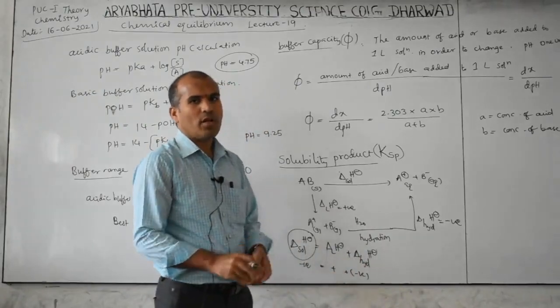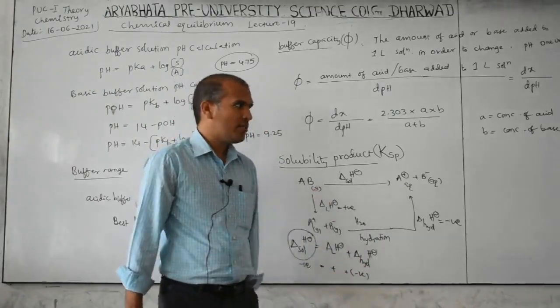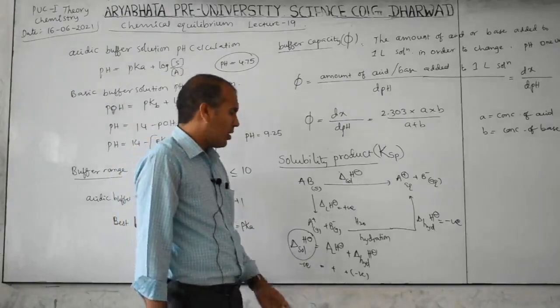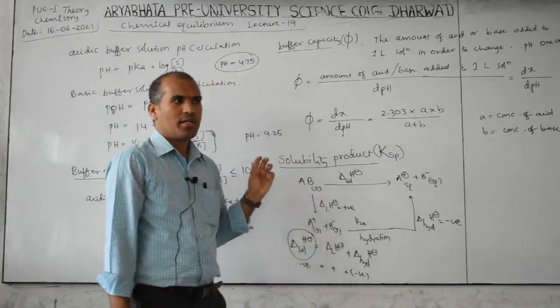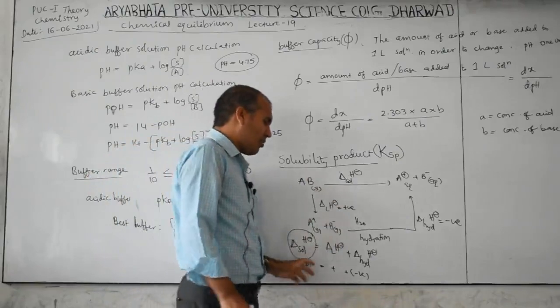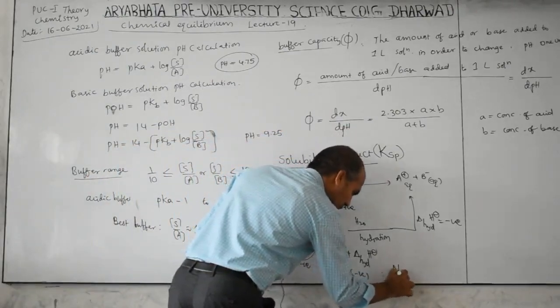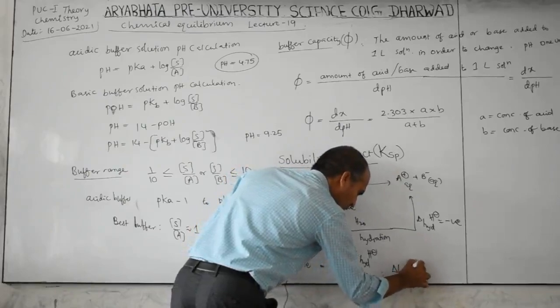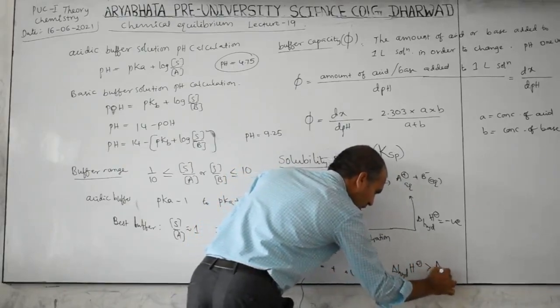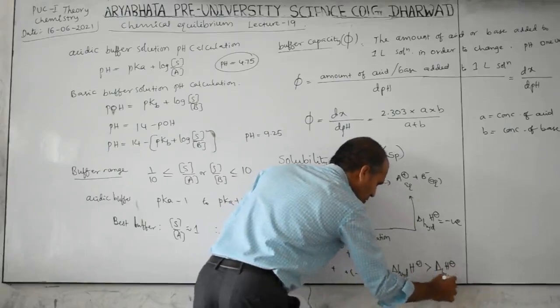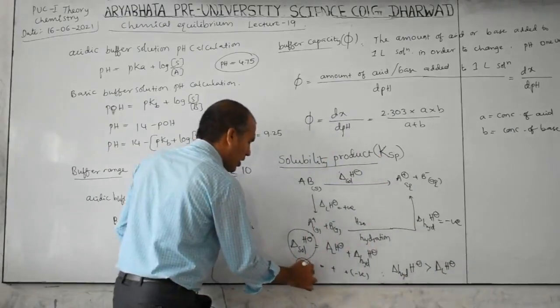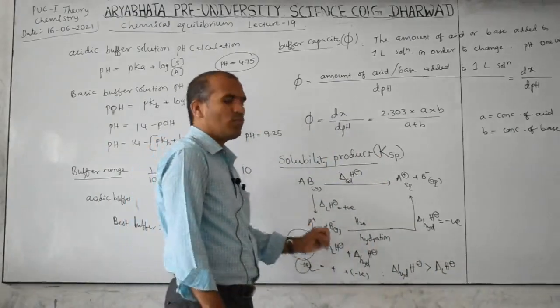Therefore, hydration enthalpy increase means solubility increases. Keep in mind, to get negative, delta hydration enthalpy must be greater than delta lattice enthalpy, then only the sum is negative, and that is more soluble.